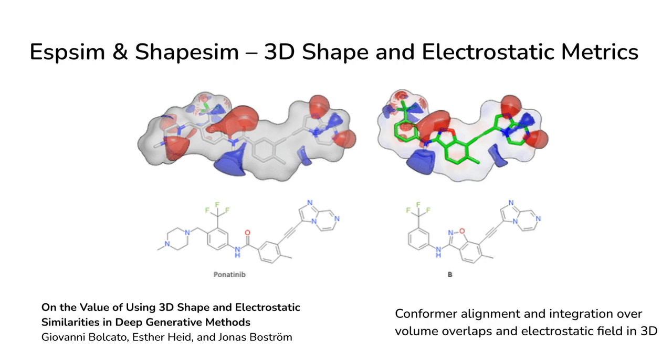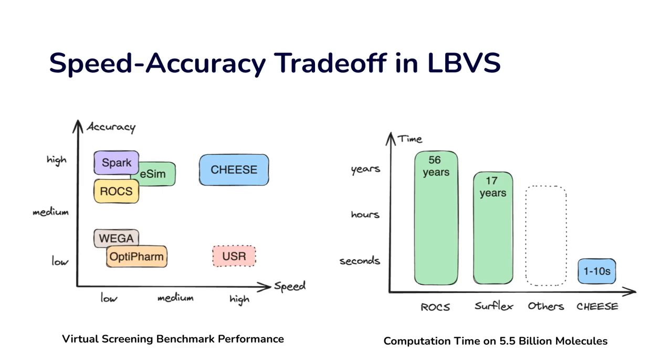For the electrostatics, you can use either Gasteiger charges or other techniques, and we have our own AI models which are trained on DFT quality data to obtain high accuracy electrostatic surfaces. These embeddings are novel in their speed accuracy trade-off, which is unprecedented in comparison to existing tools.